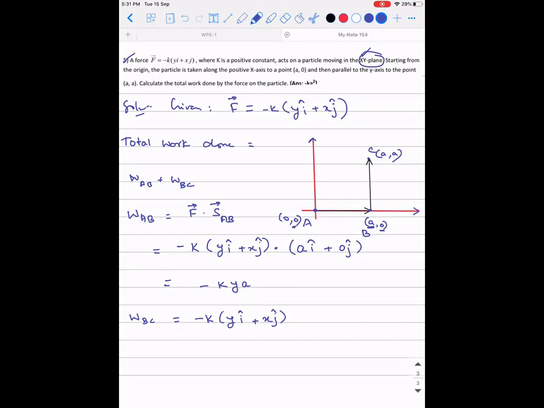Wait a minute. Starting from the origin, first of all, the object is not moving under constant force.